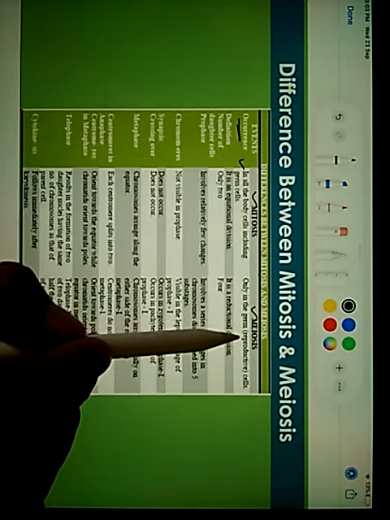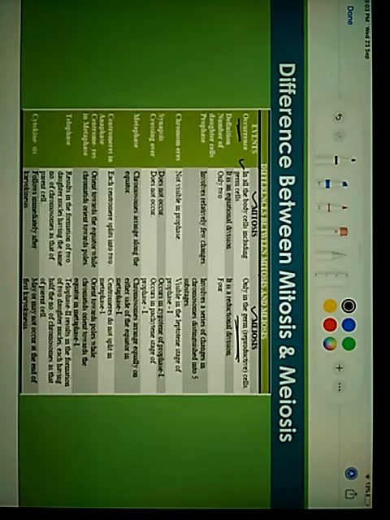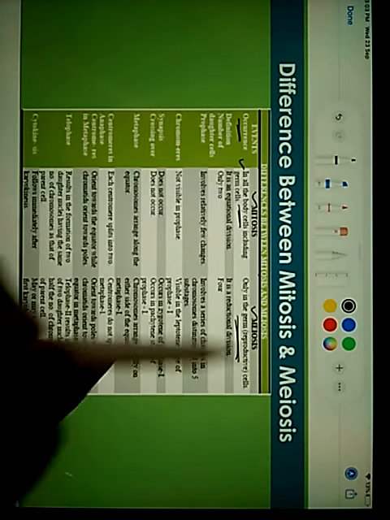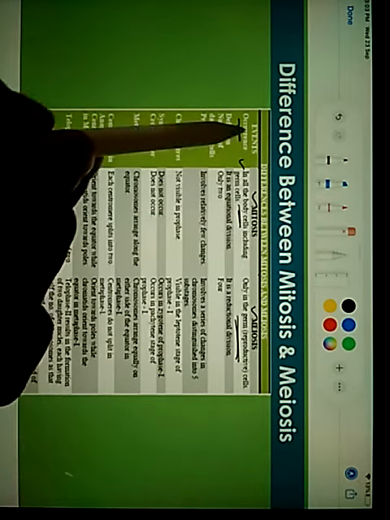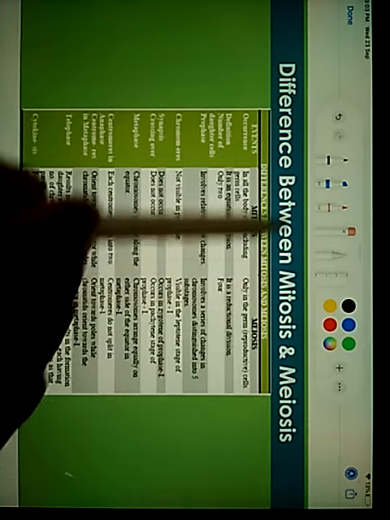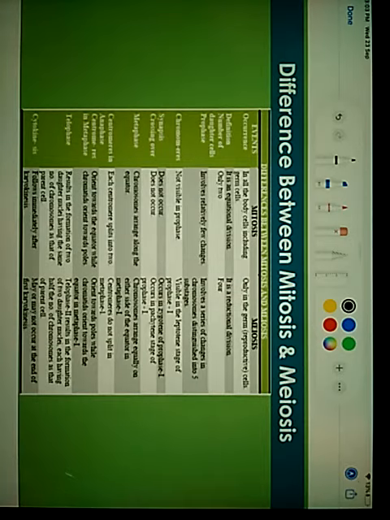And meiosis happens only in the germ cells. This is in the body cell and this is in the germ cells. So gametogenesis, production of germ cells, is a result of meiosis, and production of normal body cells is a result of mitosis. So this is the first difference between meiosis and mitosis.